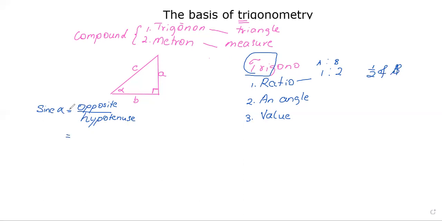The side which is opposite this angle is A. The hypotenuse is the side that is opposite a 90-degree angle and is the longest side in a right-angled triangle.